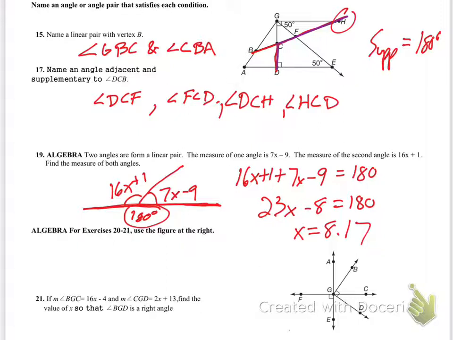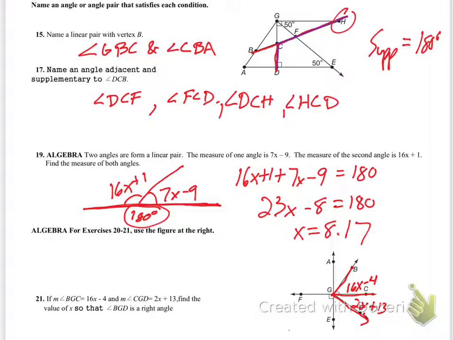Then we go down to 21. If BCG, not BCG, BGC equals 16x minus 4, so B right here, 16x minus 4, and then CGD, so the one that's adjacent to it, is equal to 2x plus 13.